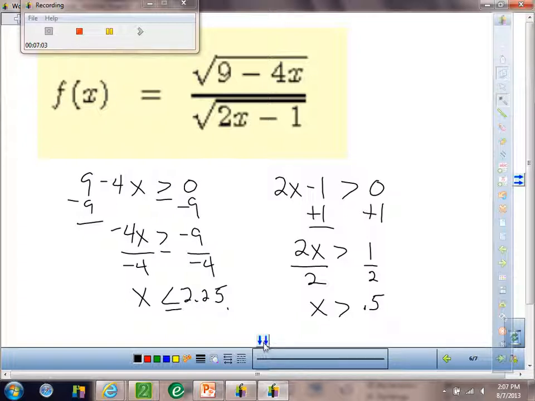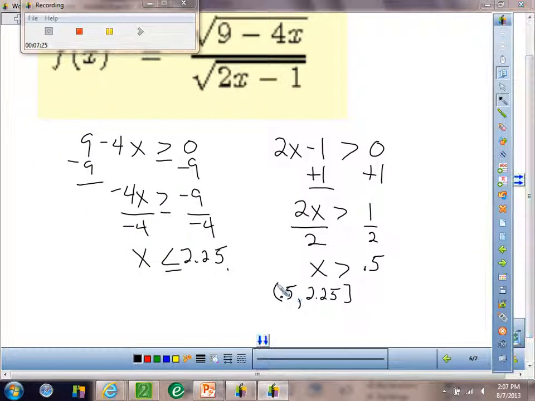Because it has to be less than 2.25, I'm going to put it over here, 2.25. It has to be less than that, so it goes down to 0.5 based off of this, but it cannot include 0.5, so I'm going to put a parentheses there. So our domain here would be between 0.5 and 2.25.